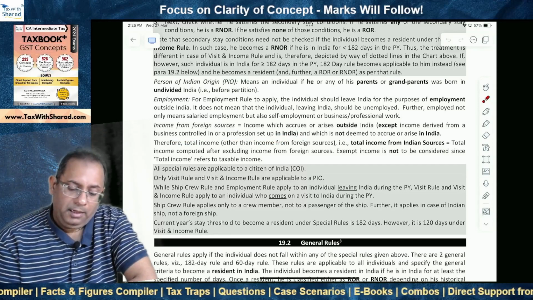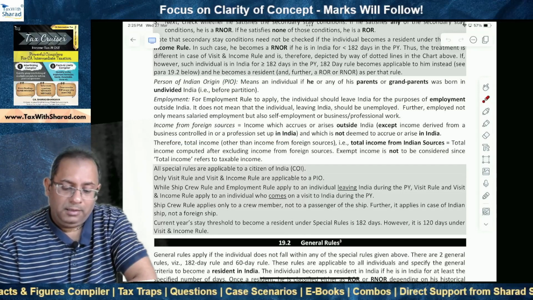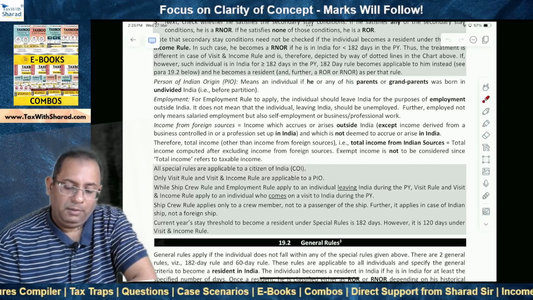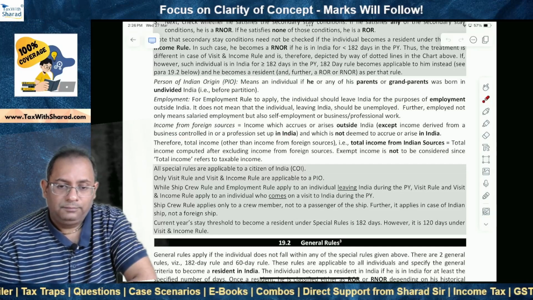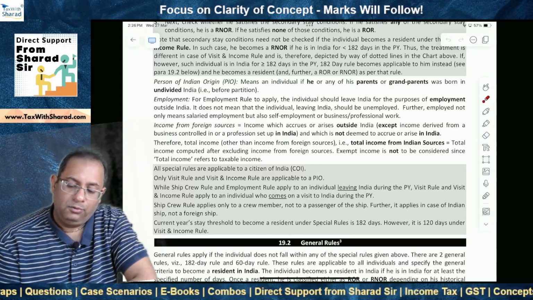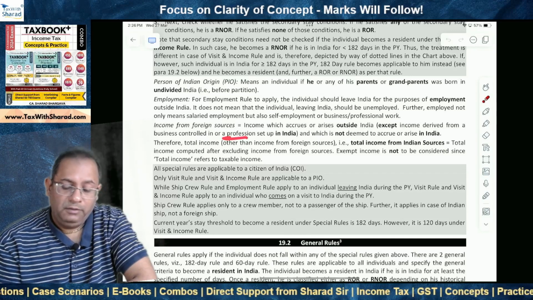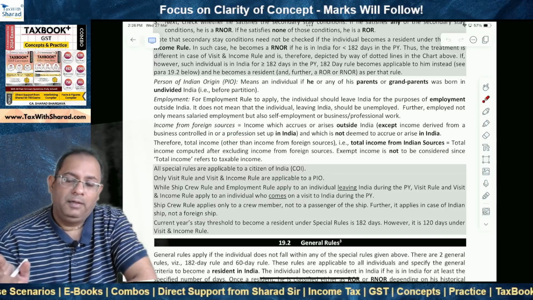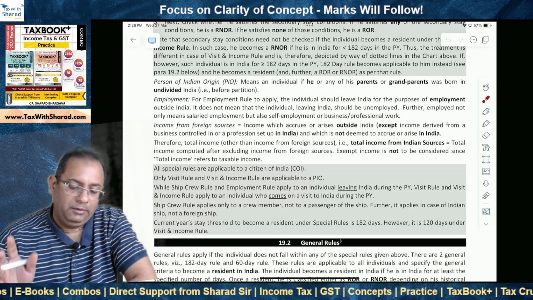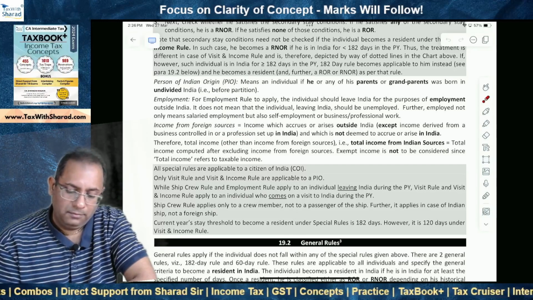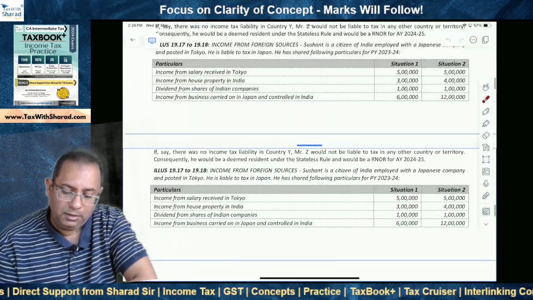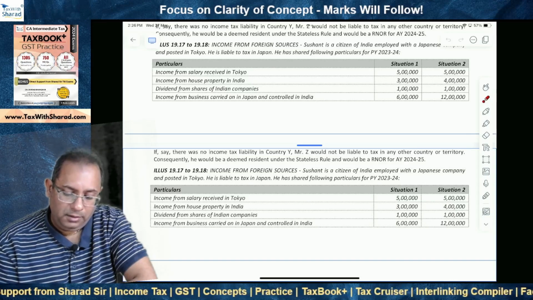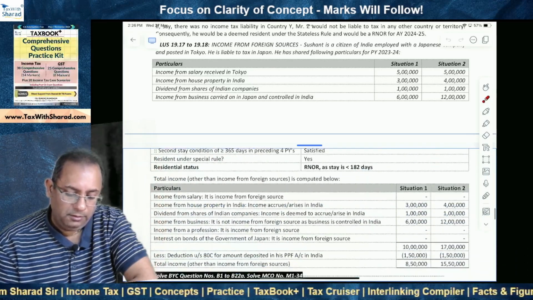That means if the income accrues or arises from a business outside India, but the business is controlled in India, or if the income accrues or arises outside India from a profession which is set up in India, it will be treated as Indian source income. It will not be treated as income from foreign sources. Okay, clear? So now let's go back to the question and see the computation.